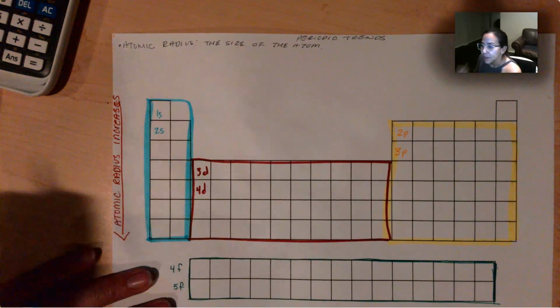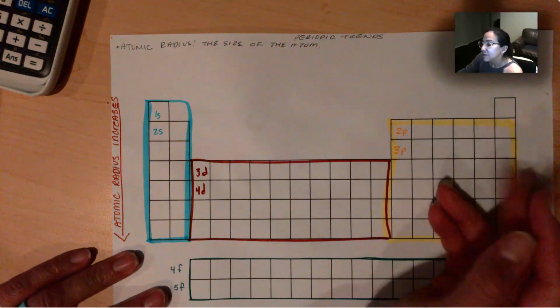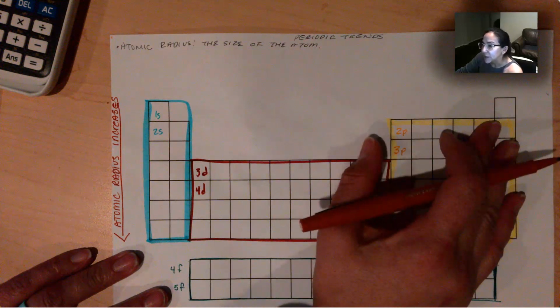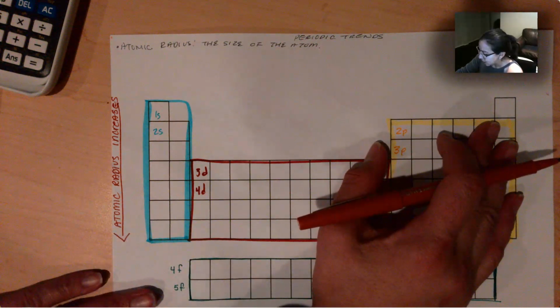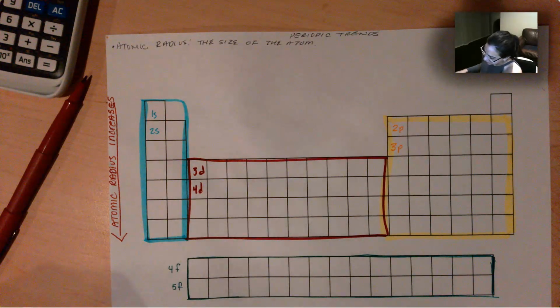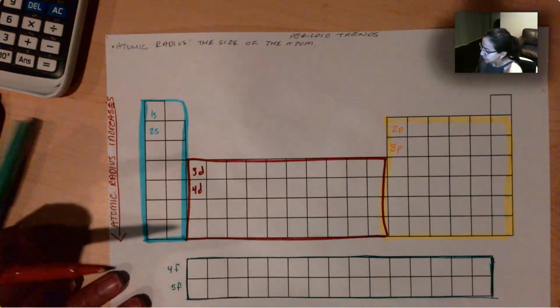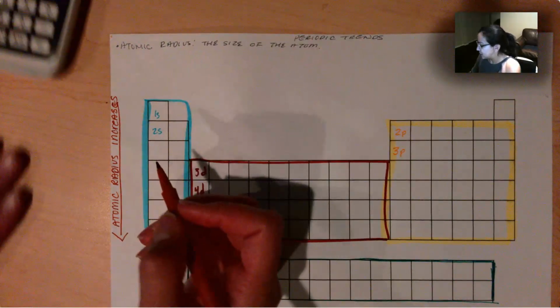Now, as we go across the periodic table, some of us would expect the atomic radius to also increase. However, that is not the case. As we go across the periodic table, the atomic radius actually decreases.